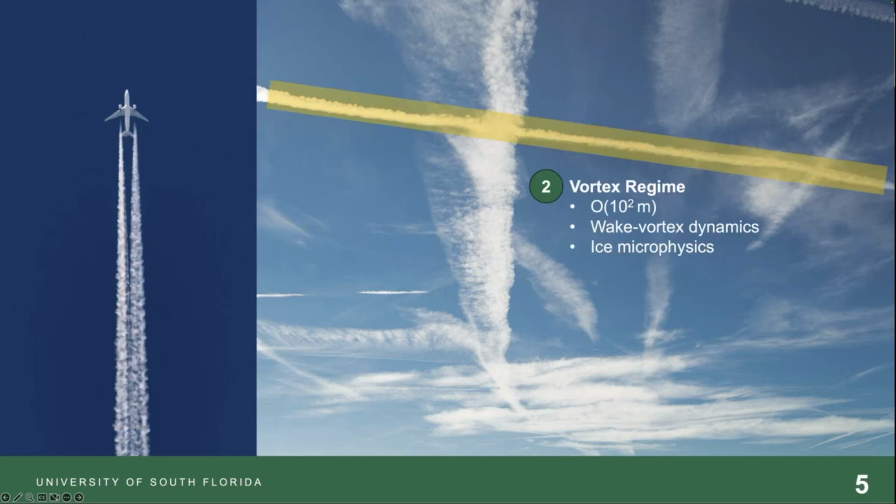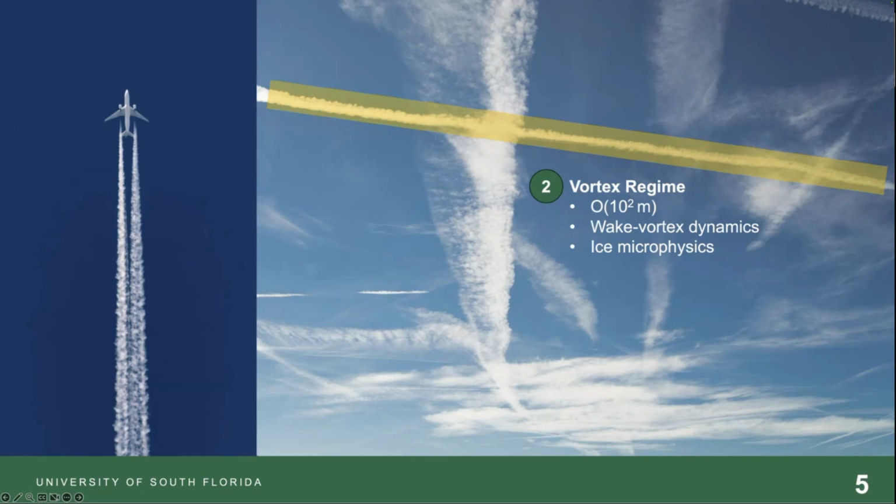The next stage after this is governed more by the wake vortex dynamics, and I will be showing some very illustrating videos of this later, and it will become a little more clear how the dynamics here work. But this regime is already in the order of hundreds of meters, not just, of course, in length.